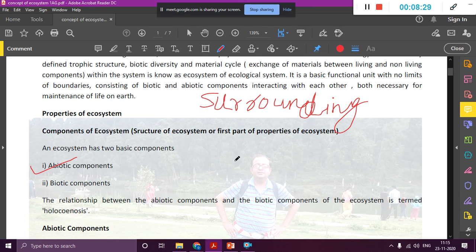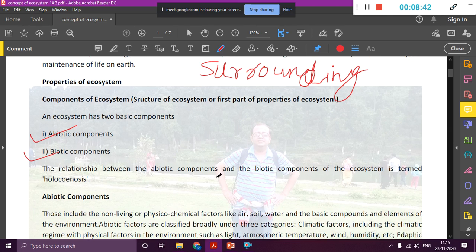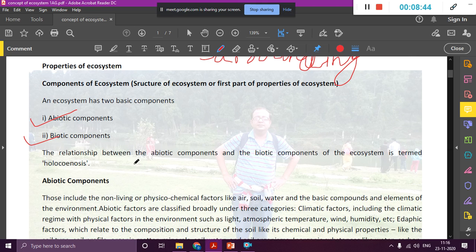These are your abiotic components, and the biotic components, that is your plants, animals, bacteria, fungi. These are all your biotic components. So ecosystem also studies the relationship between the abiotic and biotic components, and this term is known as holocenosis.